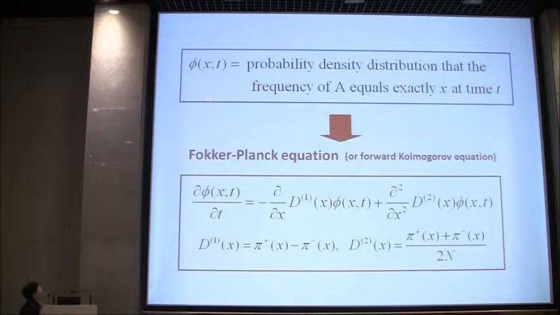If we define phi of x, t as the probability density distribution that the frequency of A equals exactly x at time t, then we can get a Fokker-Planck equation, also called the forward Kolmogorov equation. Here D1 is the drift term and D2 is the diffusion term, where pi plus and pi minus are the transition probabilities.